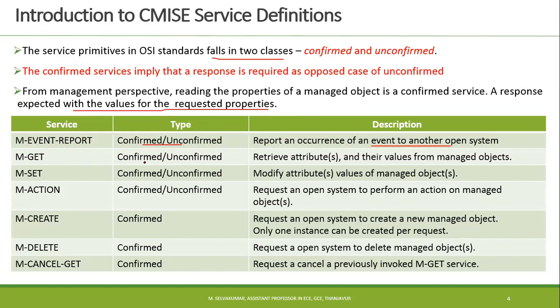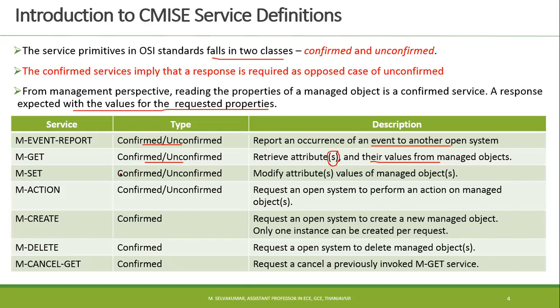The M-GET service is also a confirmed or unconfirmed type of service. It retrieves attributes and their values from the managed objects. The S specified here is to retrieve the information from multiple objects. This is specified in the bracket.